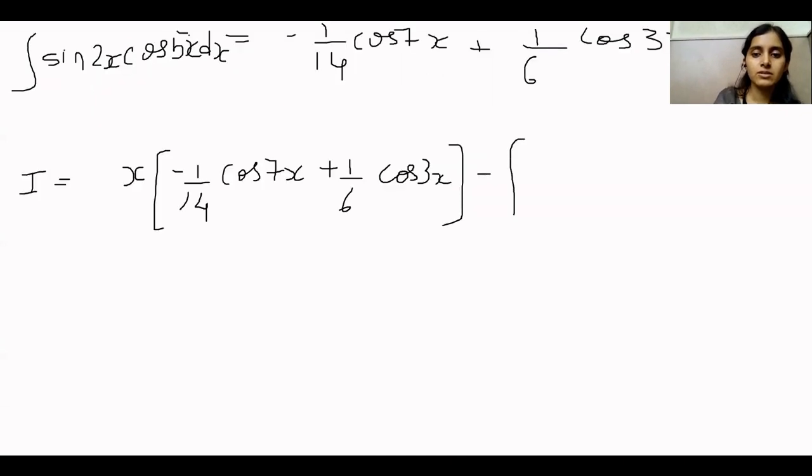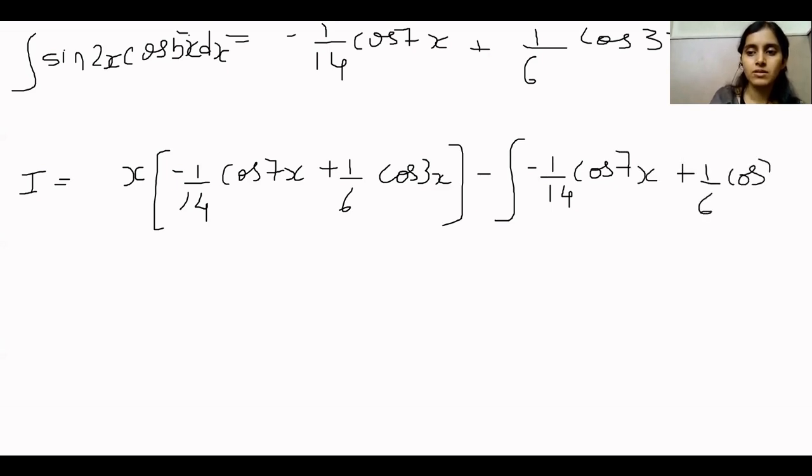So we have minus integration of 1 times the value of integral sine 2x cos 5x, minus 1 upon 14 cos 7x plus 1 upon 6 cos 3x. Now let us integrate this last part over here.